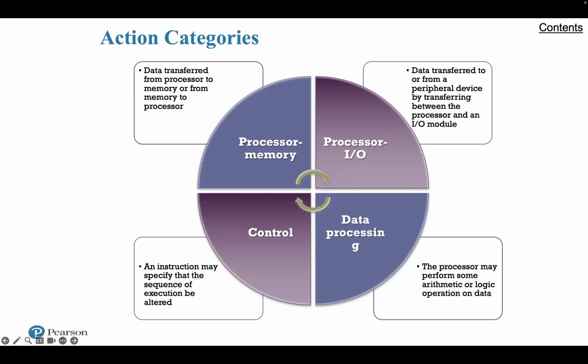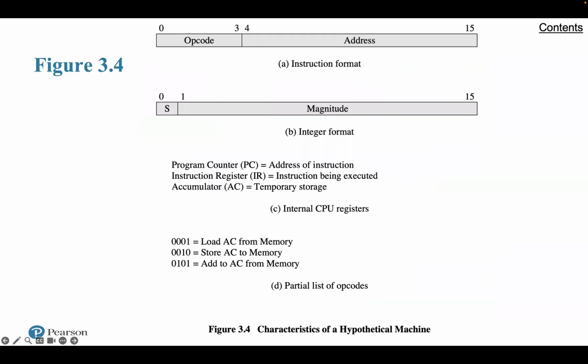In data processing, the processor may perform some arithmetic or logic operation on data. And finally, control: an instruction may specify that the sequence of execution be altered. So those are things that we can be considering as we're working through that cycle.